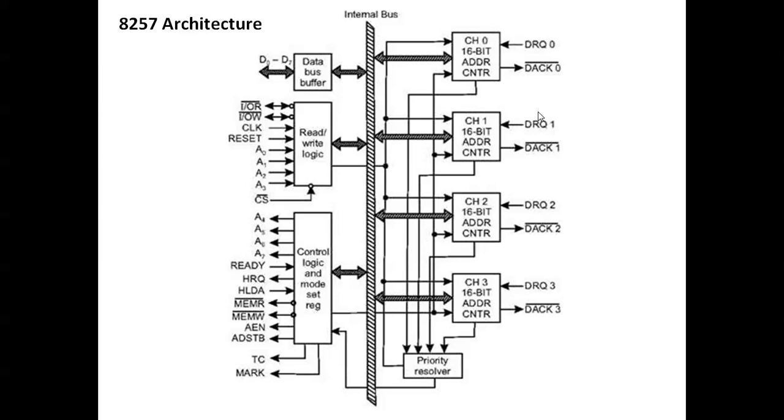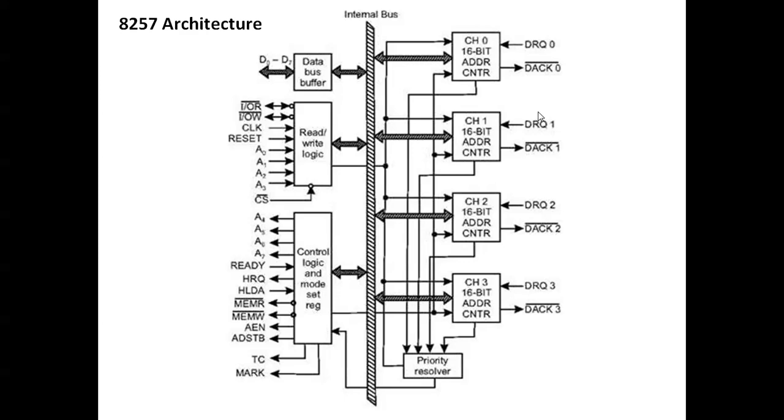After getting the DRQ request from peripheral devices, the DMA controller sends HRQ to the CPU. After the CPU gets HRQ, it leaves all the control: data bus, control bus, address bus, everything.